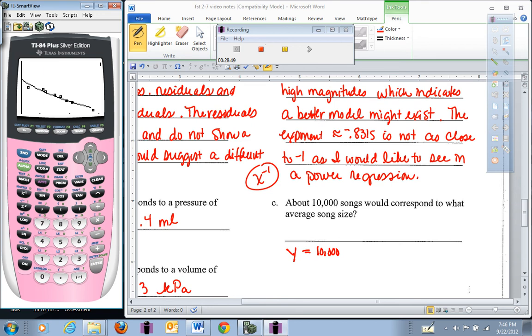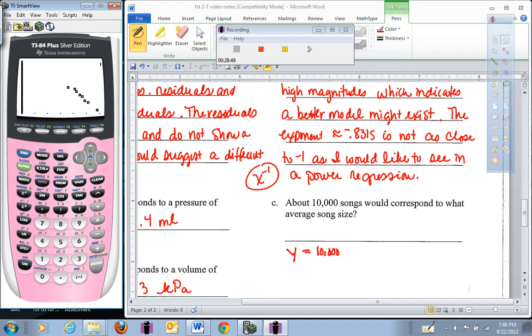Oh, I forgot to put the Y equals on there. Y equals 10,000 in my Y equals. Oh, the problem is, I guess I need some more room on the left-hand side, don't I? My window is set up to go from 3.38 to 6.02. Let's just set it to go from 0.